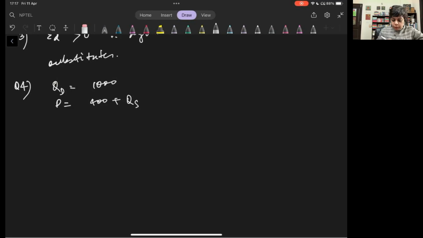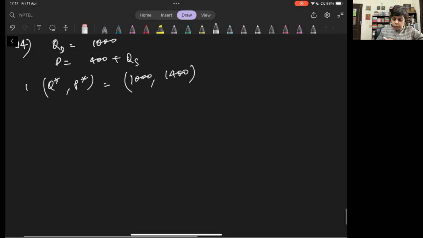Q star, P star I already calculated. Okay, this is part 1. Part 2 is tau is equal to 50 and you are asked the new equilibrium quantity and new equilibrium price, right?